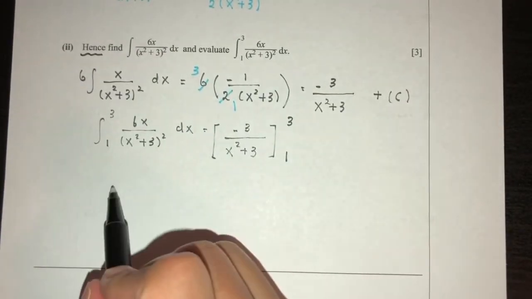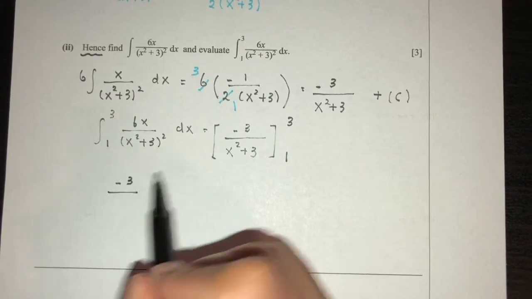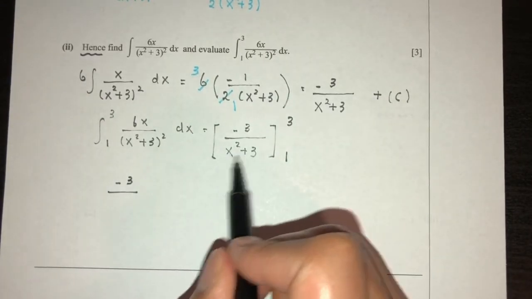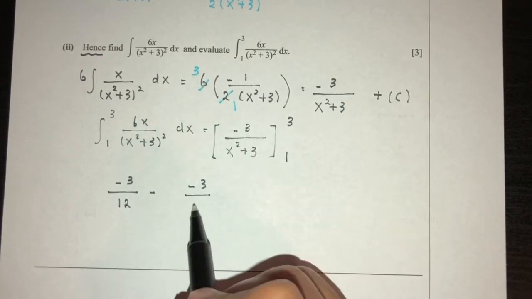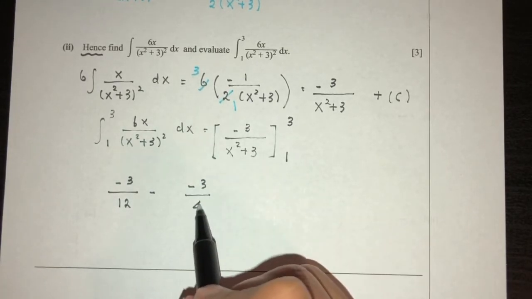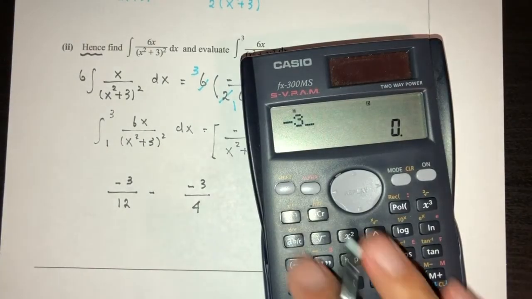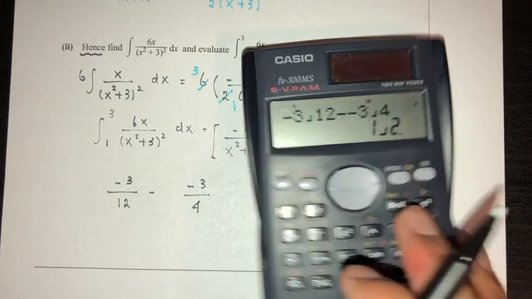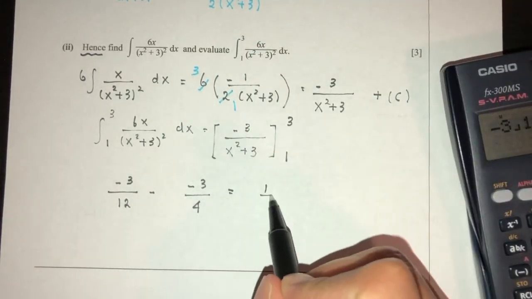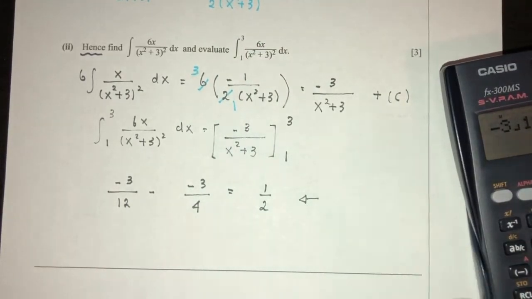For 3 it will become minus 3 over, 3 squared is 9 plus 3, that will be 12. Then minus 3 over 1 plus 3, which is 4. So you have minus 3 over 12 minus minus 3 over 4, which becomes half. So your answer is half for part 2.